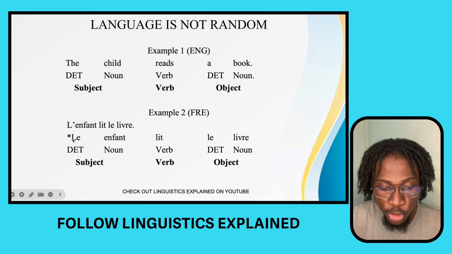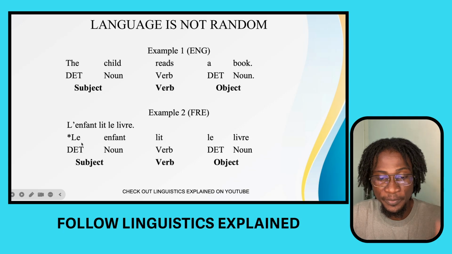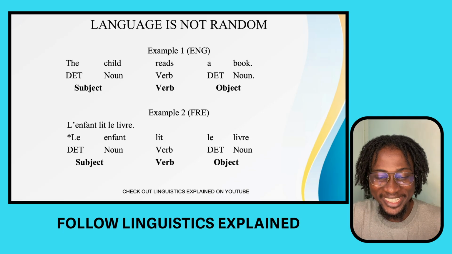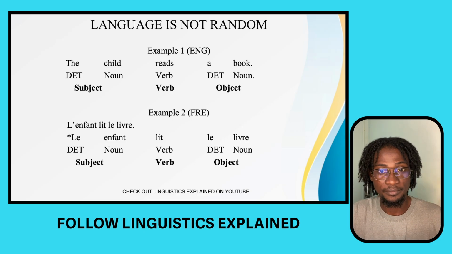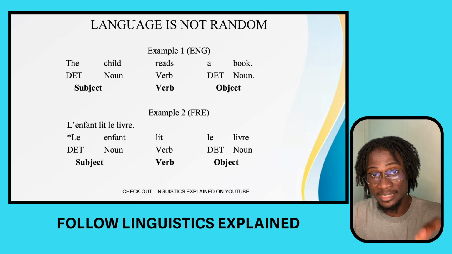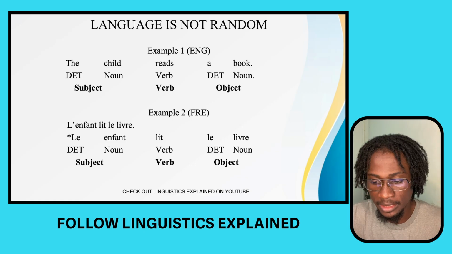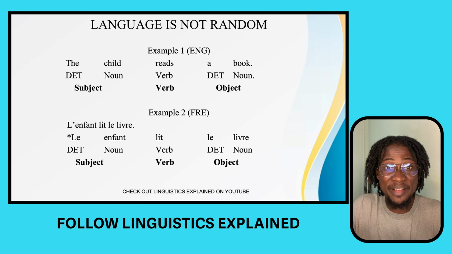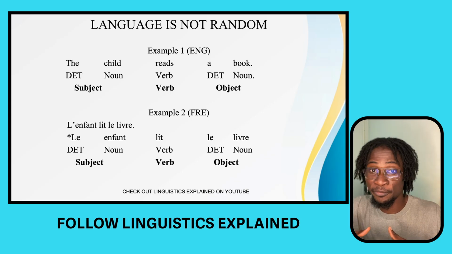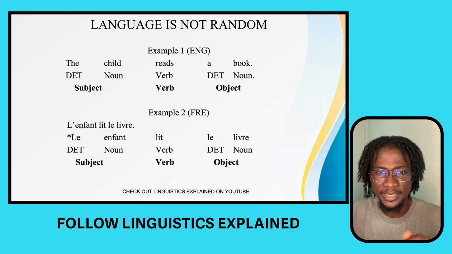Instead, it's a combination of the determiner le or la, depending on where you come from, and the noun enfant. If they come together, then we get l'enfant. That is why it's in asterisk, because that's not how it is written. They have the same structure: subject followed by the verb followed by the object.